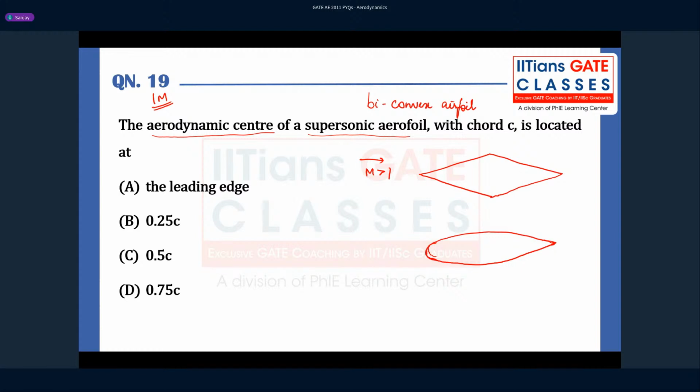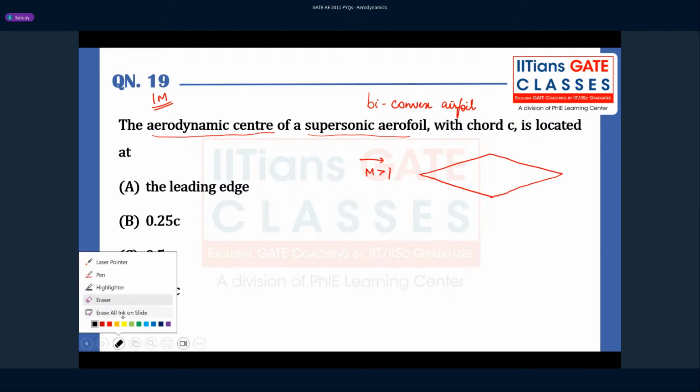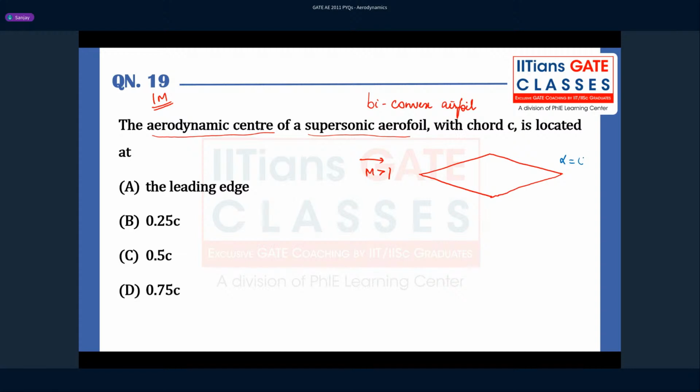So let's understand the flow physics in a biconvex aerofoil. What happens when you have a supersonic Mach number? You see a sharp corner over here, right? Let's assume this is placed at zero angle of attack, alpha equal to 0 degrees.